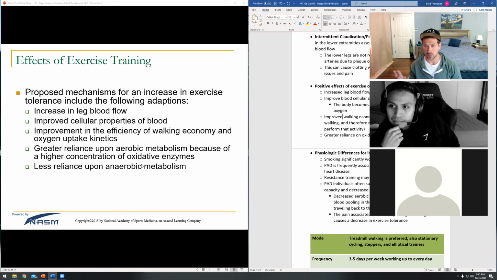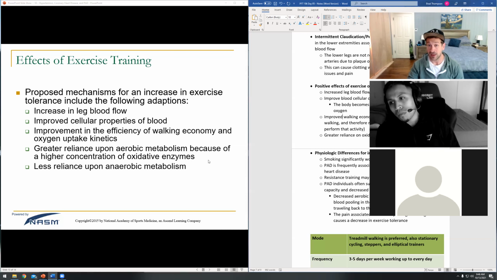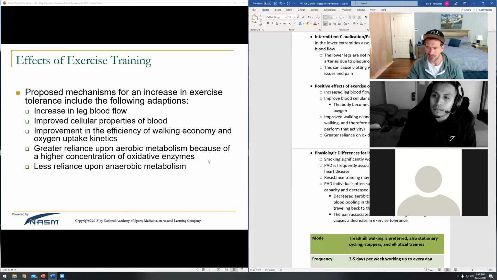When you improve someone's walking economy, it's easier for them to stay upright. It's easier for them to be strong while they're walking, which is only going to make it easier to get oxygen into the blood cells, which is only going to make it feel better in the legs when they're delivering that oxygen. So it's a very roundabout thing. When you think about PAD, you don't think about posture. You think, oh, it's a blood vessel problem.